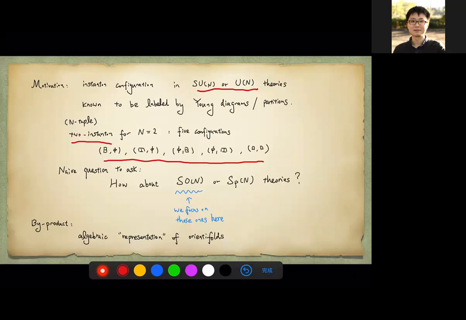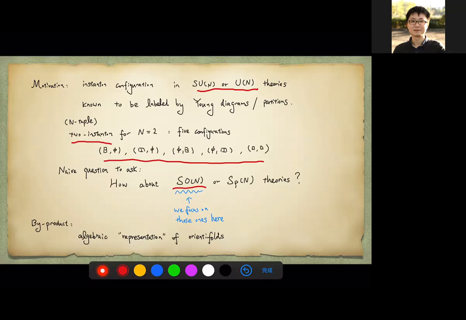We also want to know if something similar can be done for SO(N) or Sp(N) gauge theories. In this talk, we will mainly focus on the SO(N) gauge theories.